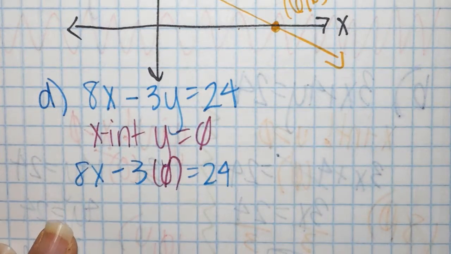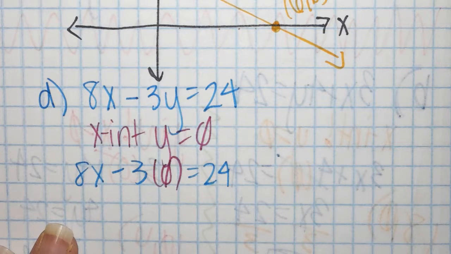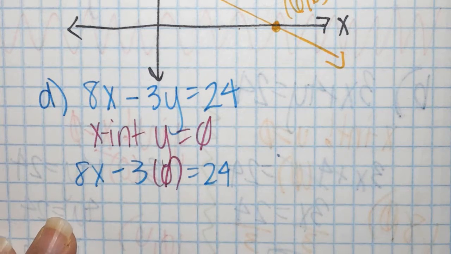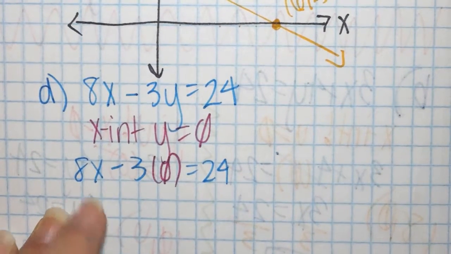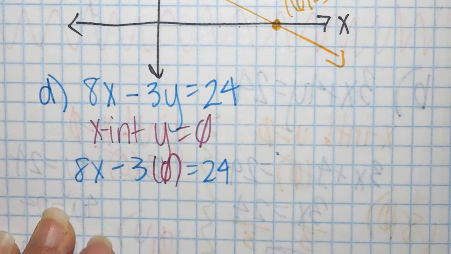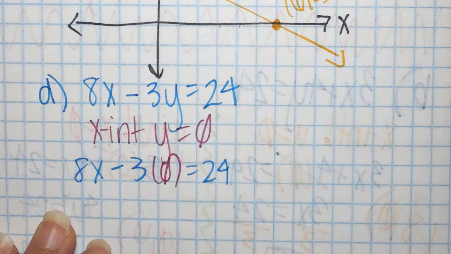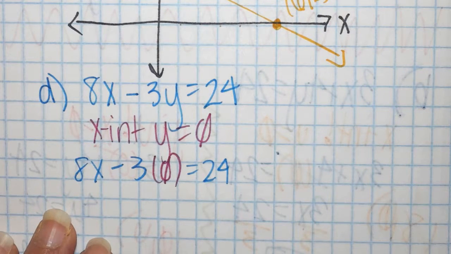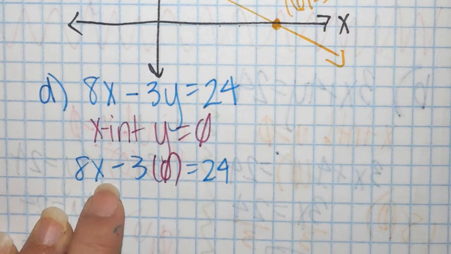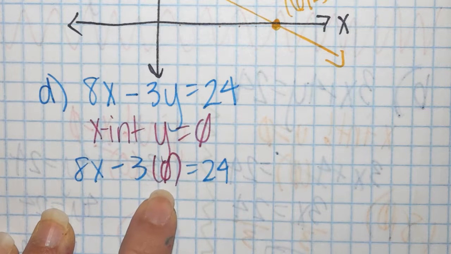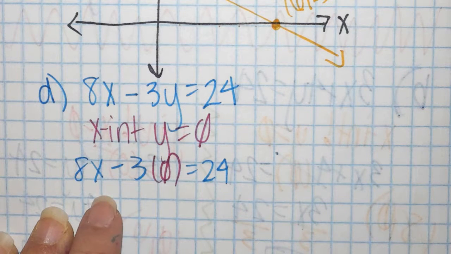Rebecca, en español, por favor. Read the problem. I think it's 8x menos 3 times 0.